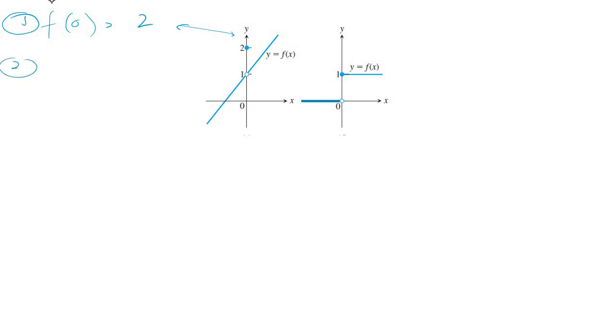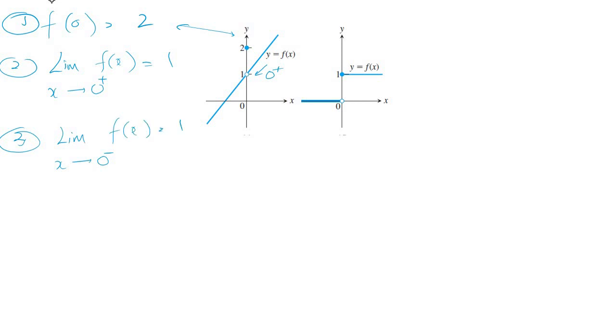Then the second one: the limit as x tends to 0 from the positive side of f(x) has a value of 1. And third, the limit as x tends to 0 from the negative side of f(x) is also equal to 1.